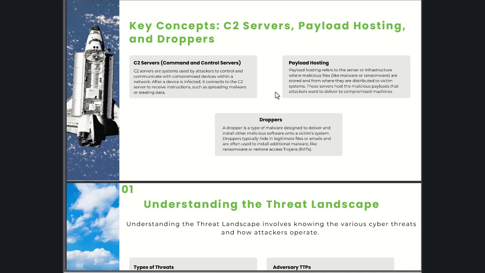The dropper actually is an executable file that drops another executable file from inside itself. For example, we have one executable file. The attacker embedded the other executable file, the actual malware, inside a resource section.